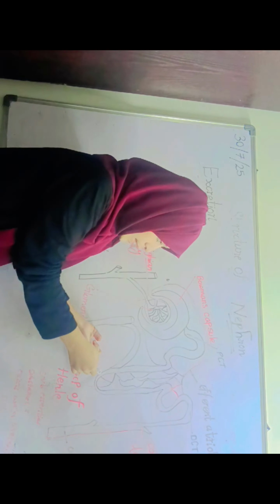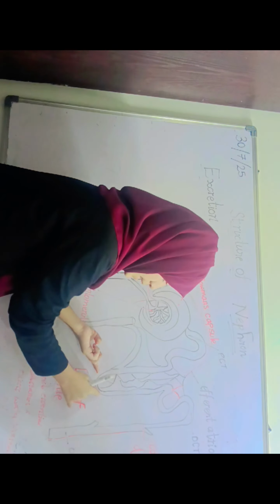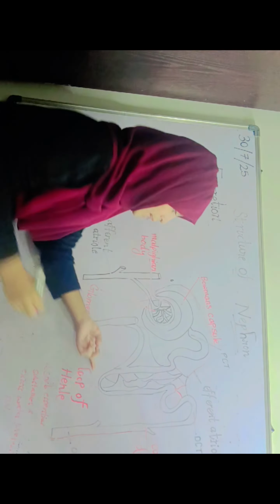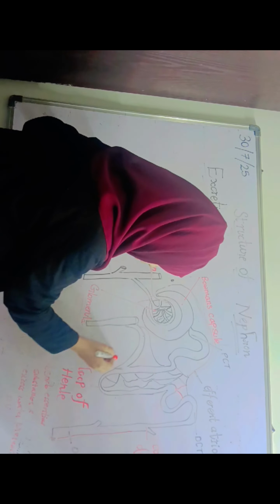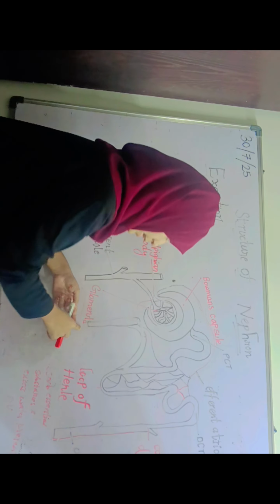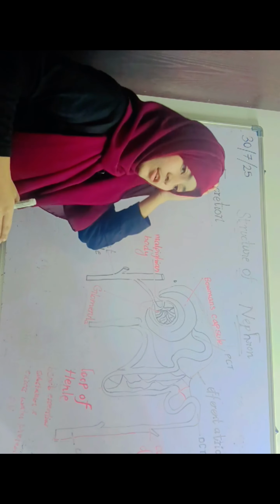This is tubular reabsorption because it reabsorbs the essential substances such as excess water. From loop of Henle, it travels again through the vein. This is tubular secretion.